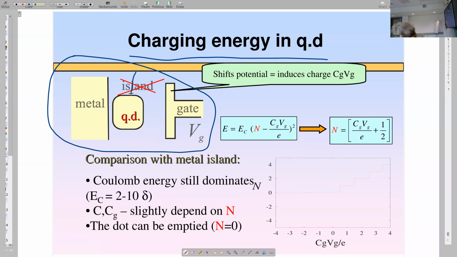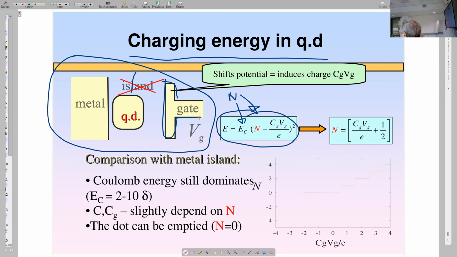What will I see? Well, eventually almost the same. There will be a charging energy set by capacitances. This capacitance can depend on n eventually, but usually it's rather small. So we'll have charging energy and the number of electrons in the dot.